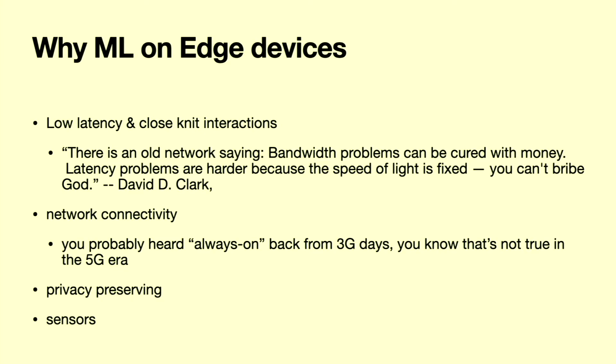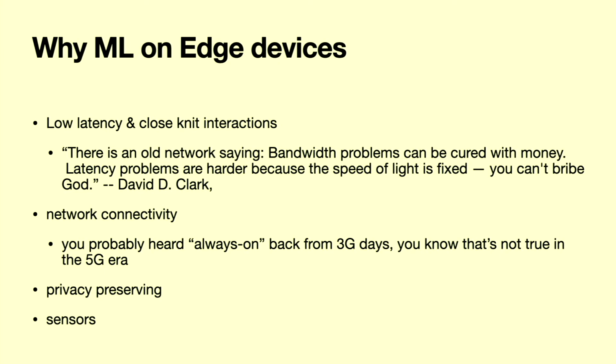And there is a network connectivity problem. Although I heard the term "always on" back from the 3G days, we know that always on is not always true. And if you want to preserve your privacy, you probably don't want your data to be sent to the cloud.